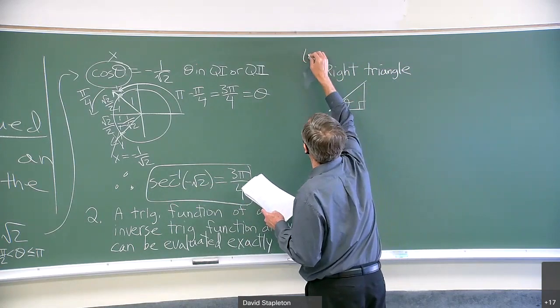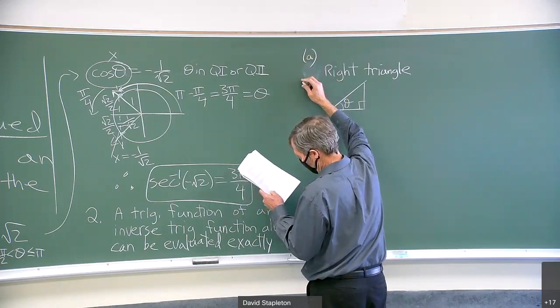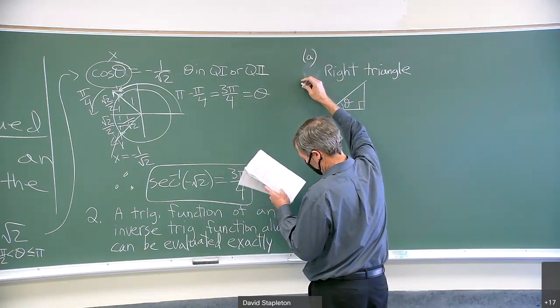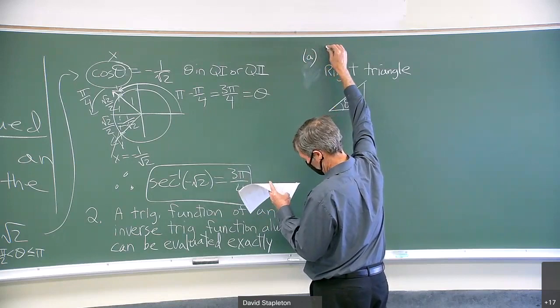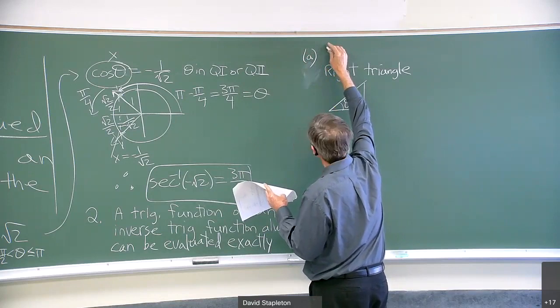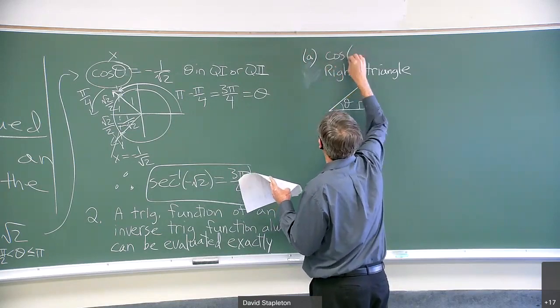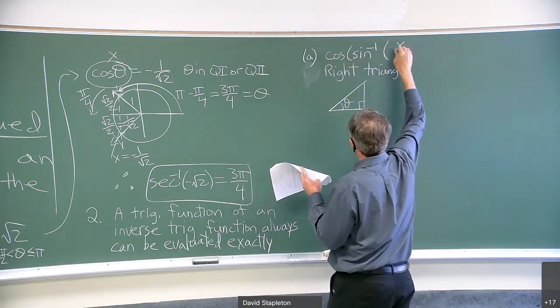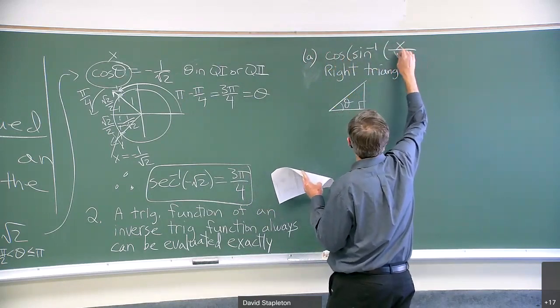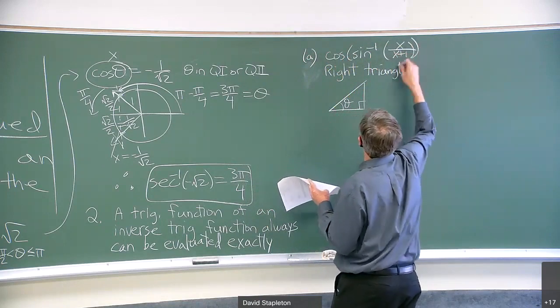So problem A is, suppose I have the cosine of the arc sine of x over x plus 1.